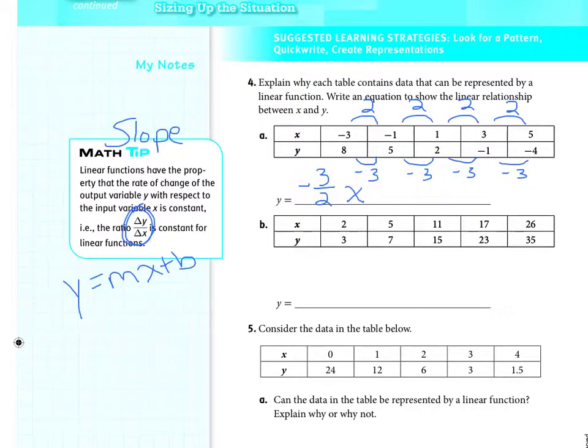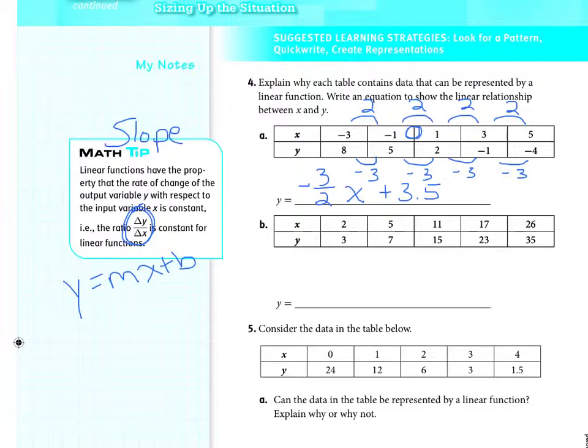Well, you could figure it out, right? Well, let's think about this. The 0 would be right in the middle of that, right? So that would be not a whole negative 3, but negative 1/2 backwards. So if I took 2 and subtracted or added 1.5, that would give me 3.5.